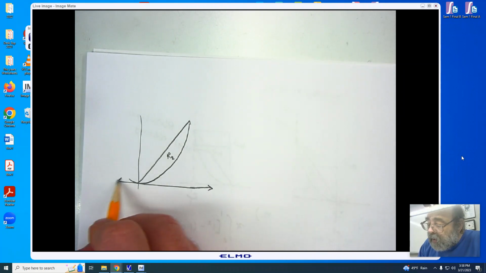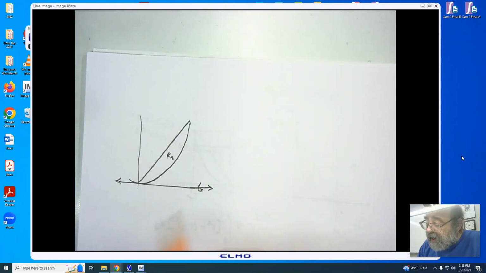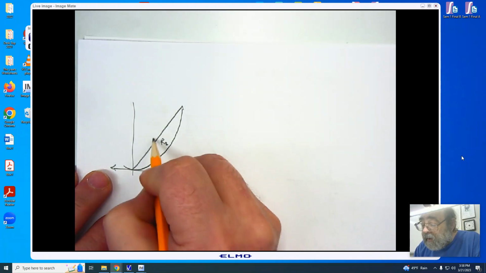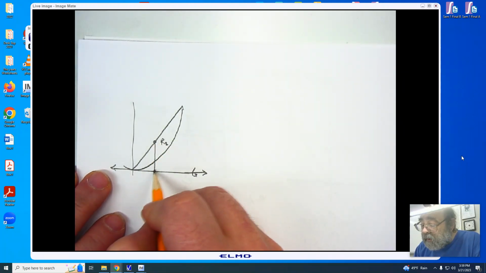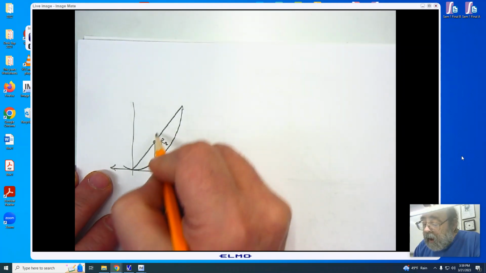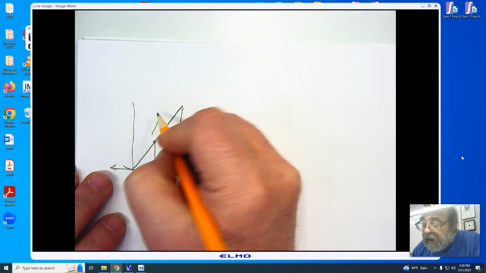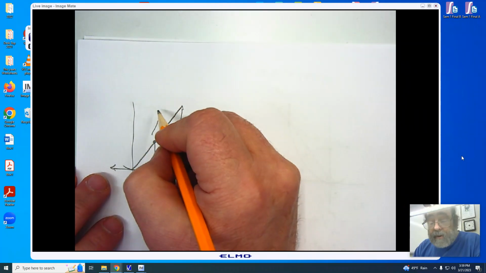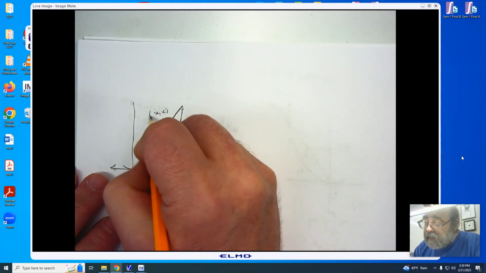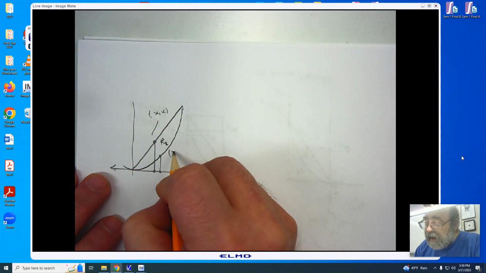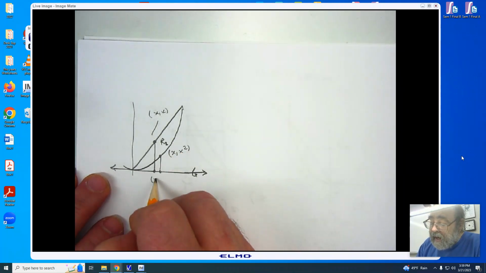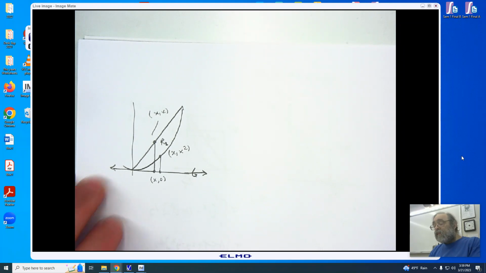Y equals 0 is my horizontal axis, or the x-axis. So if I'm rotating region 2, I once again will have the washer method. And this point right here is y equals x, so we have x comma x. This point is x comma x squared, and this is x comma 0.